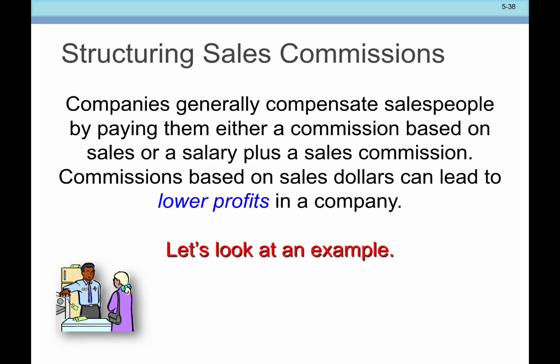Okay, let's look at how contribution margin analysis could help you run your business a little more profitably. One example is dealing with sales commissions. Sales commissions are often quoted on the sales price, right?